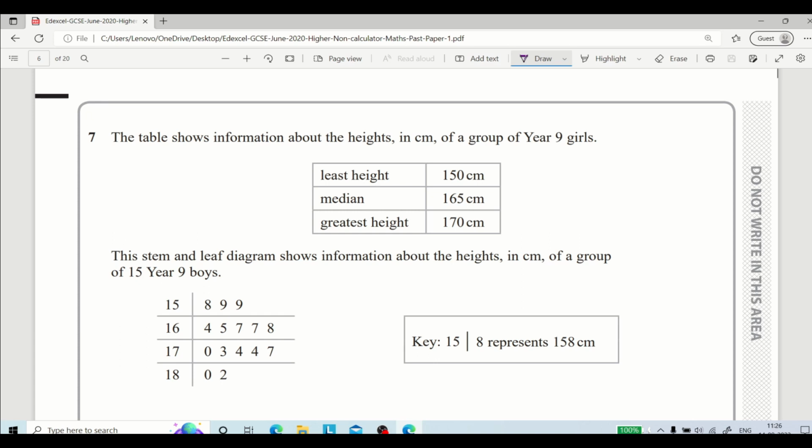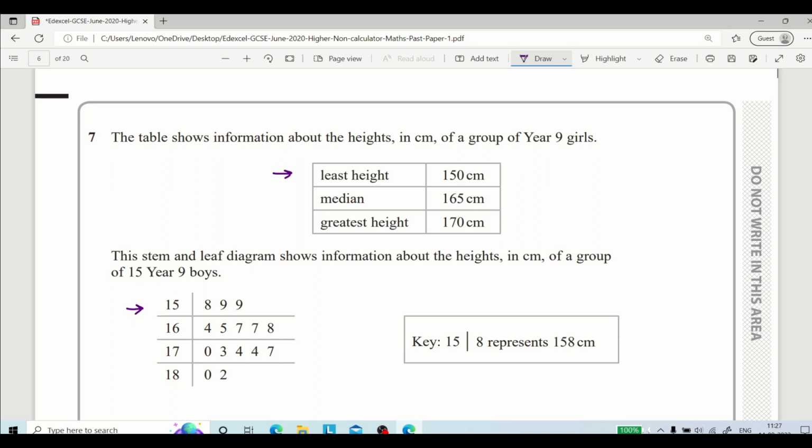Okay. Moving on to our next part: the table shows information about the heights in centimeters of a group of year 9 girls. So this is the table containing least height, median, greatest height. The stem and leaf diagram shows information about the heights in centimeters of a group of 15 year 9 boys. So this is the stem and leaf diagram, and the table is given for girls, and this is for boys.